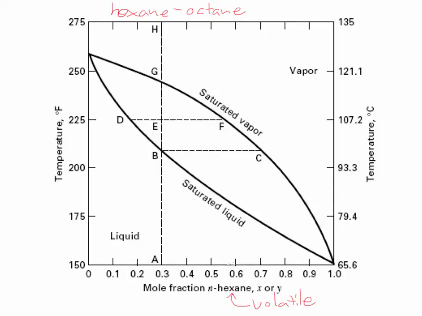Okay, so this plot runs between two values. It runs between the boiling point of pure N-hexane to the boiling point of pure N-octane.